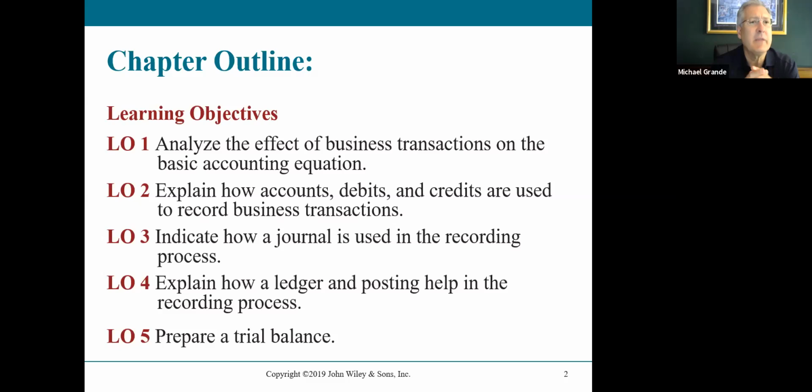That's the key here. Learning objective 2, explain how accounts, debits, and credits are used to record business transactions. Number 3, indicate how a journal is used in the recording process. Explain how a ledger and posting help in the recording process. And then ultimately, we're going to prepare a trial balance.